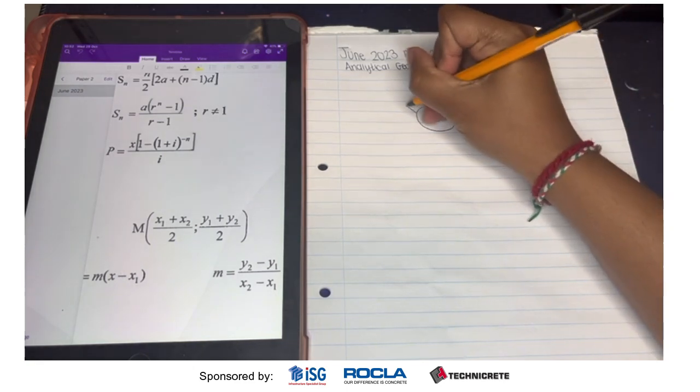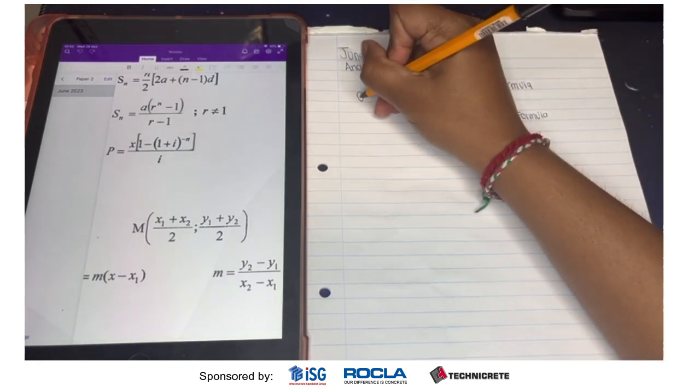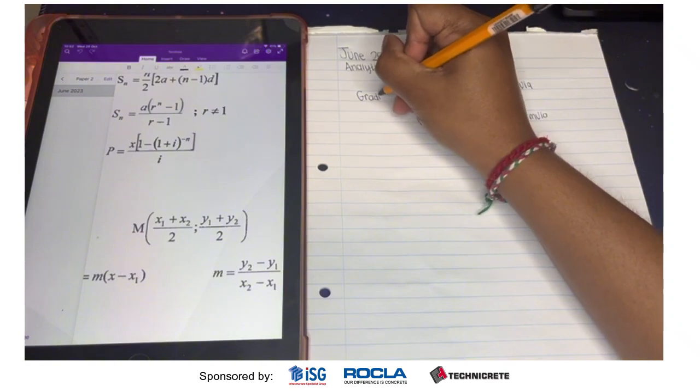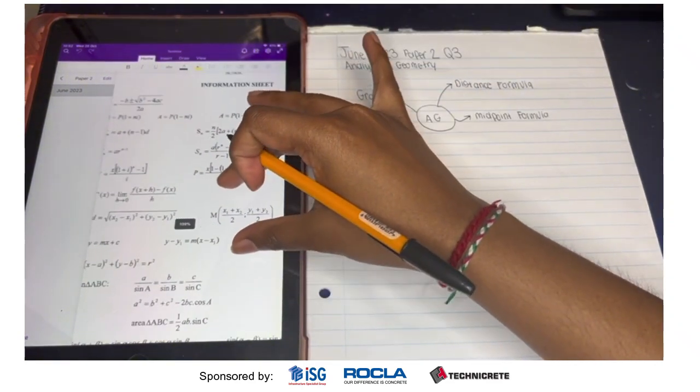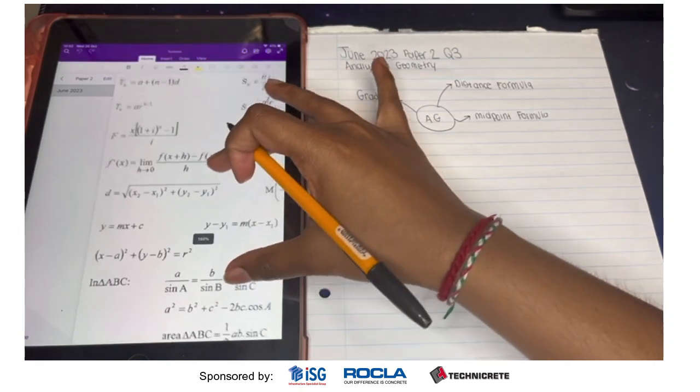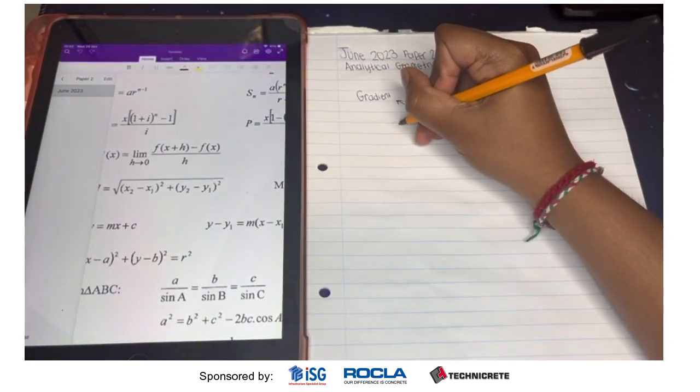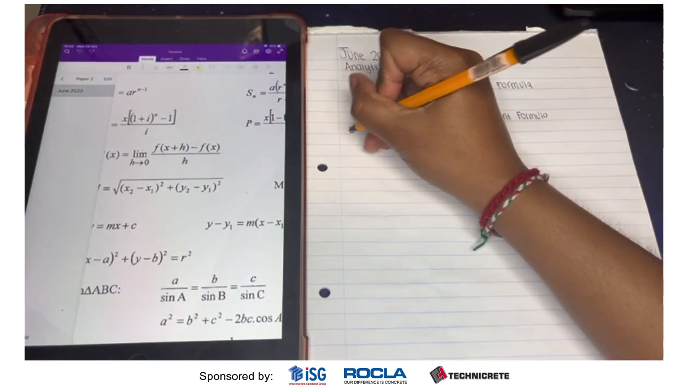You must also know how to calculate the gradient, as well as you will get concepts here that require you to find the equation of a straight line.